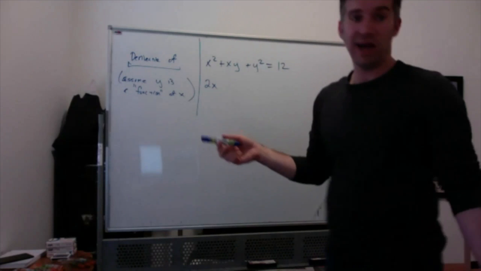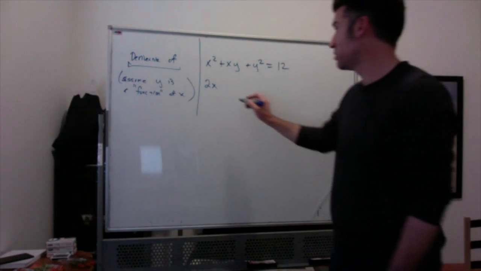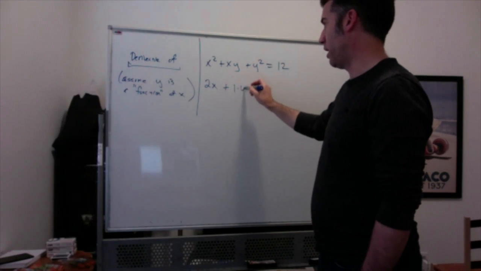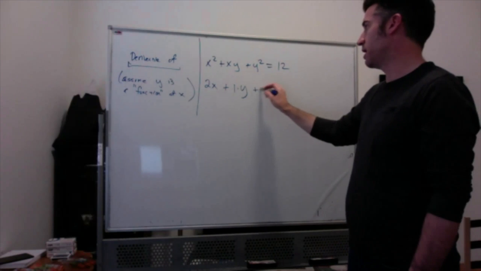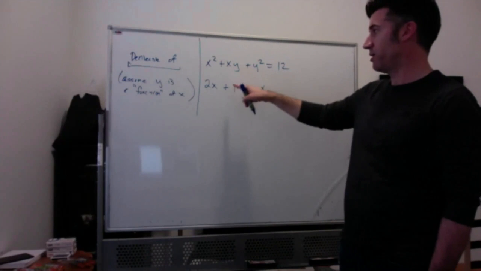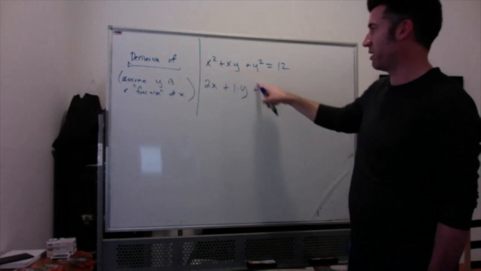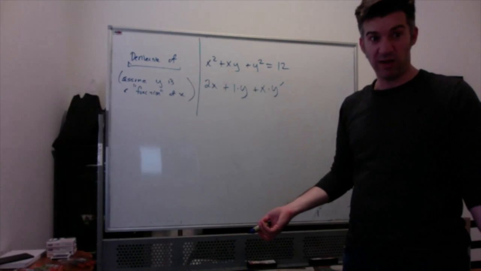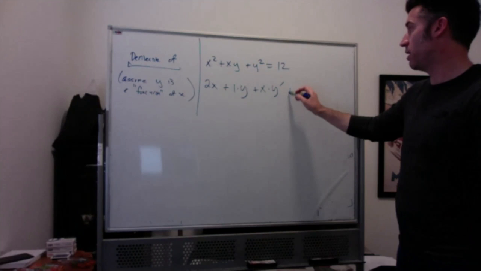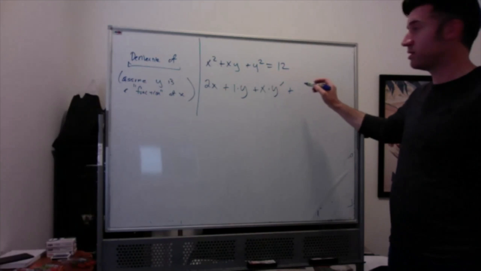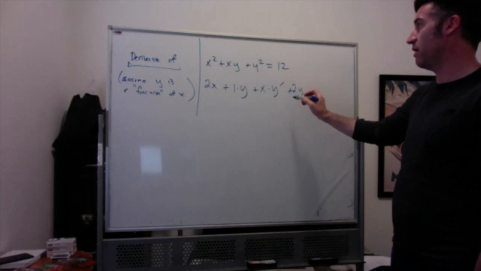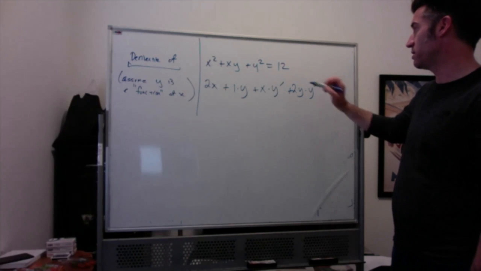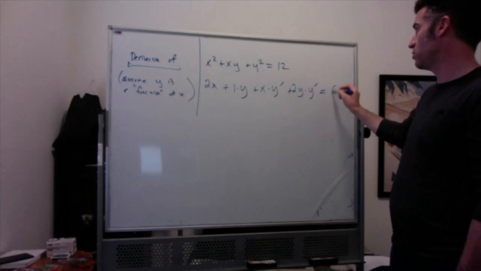X times y, I'm going to have to use the product rule. Derivative of x is 1, y is y, plus x. So I take the derivative of x, leave y alone, leave x alone, and the derivative of y is the derivative of y. Plus the derivative of y squared is 2 times my stuff to the first times the derivative of my stuff, equal to 0.